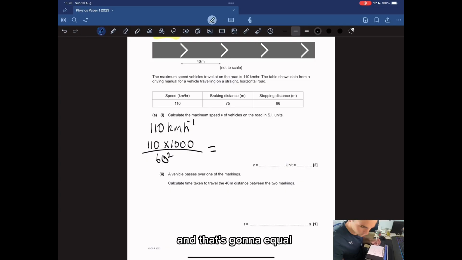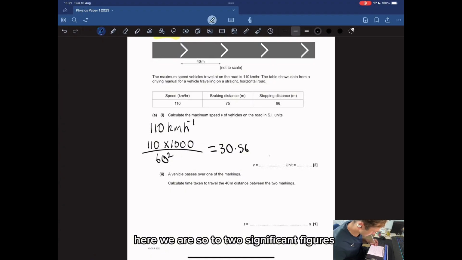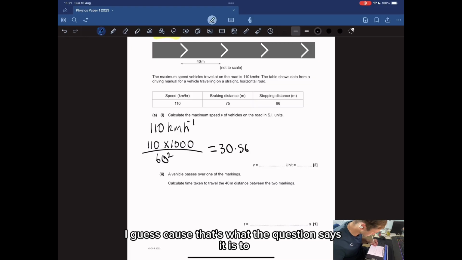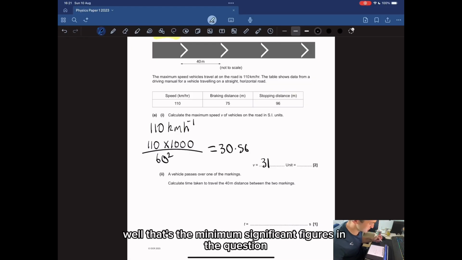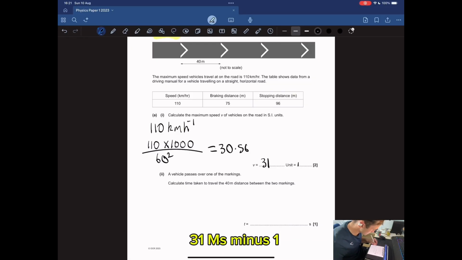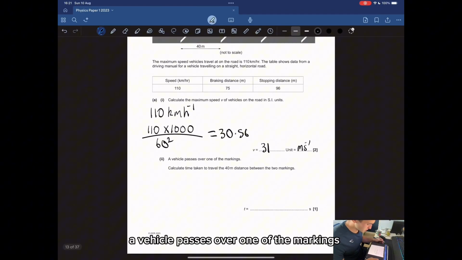That equals 30.56. To 2 significant figures, because that's the minimum significant figures in the question, 31 m s minus 1.